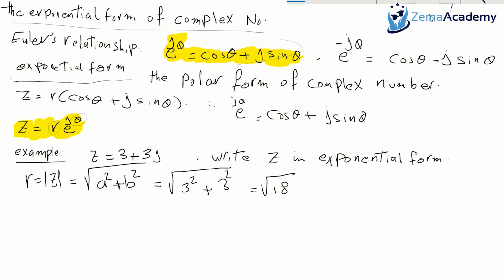Okay? Now we've found the modulus r. We need to find θ, the argument. To find θ, we need first to find α. We said it's tan⁻¹ of b over a.